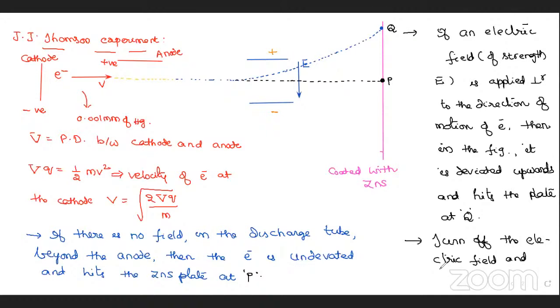Then at the anode it won't deviate, it can't turn. Even when it comes into the electric field, it should go straight, since it is moving with very high speed. That's what I told before starting this concept.